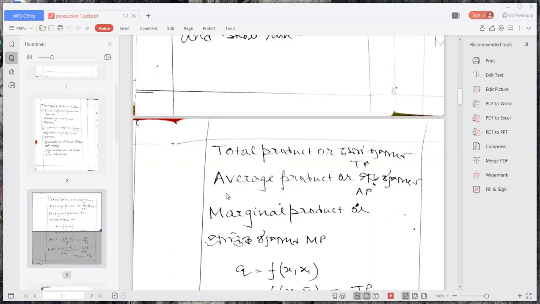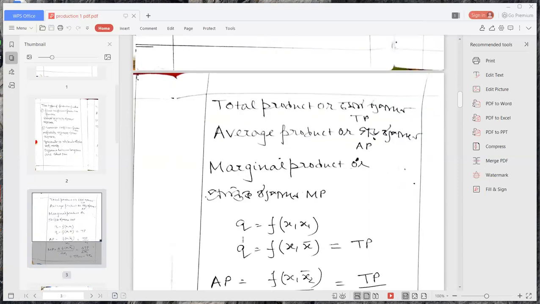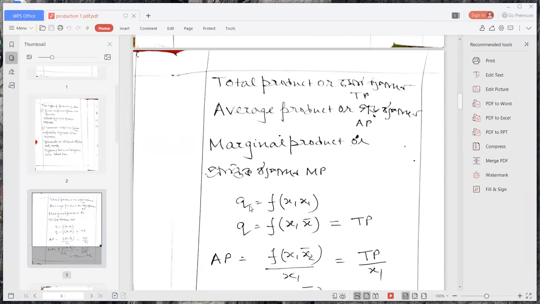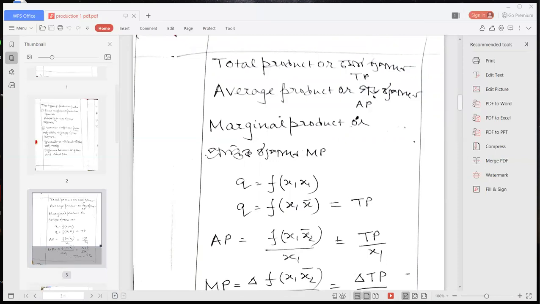And average product: if we divide the total product by the amount of the variable input, then we get average product. Here the production function is Q = F(x1, x2), where Q is the output, and x1, x2 are the inputs.